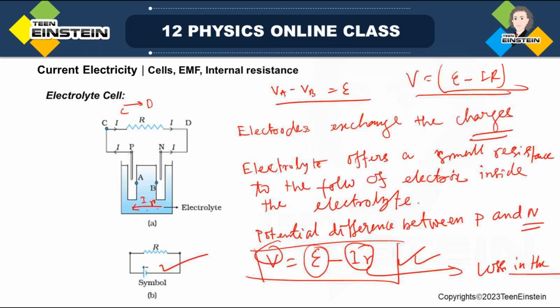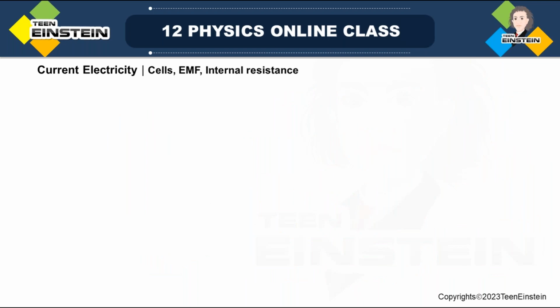So we have got a minimum idea of what is called internal resistance, EMF, and cell, and its circuit symbol. Now, combination of cells.